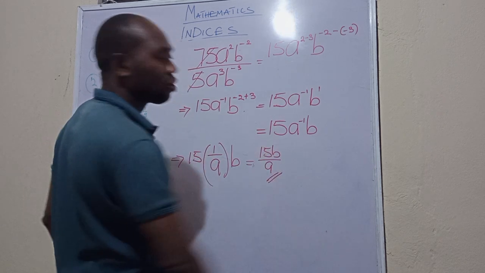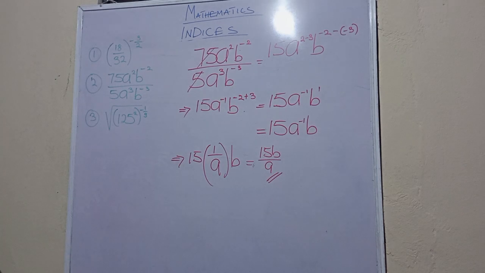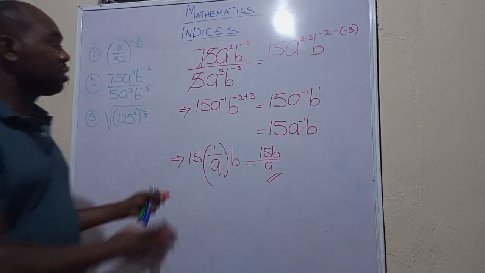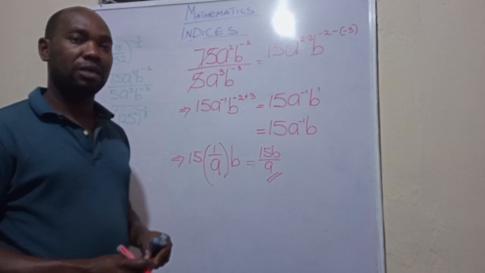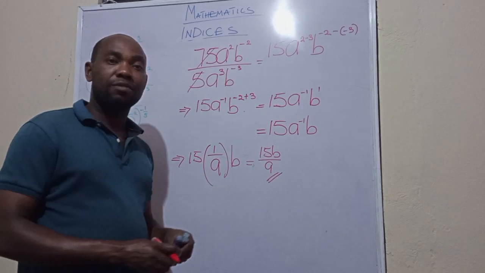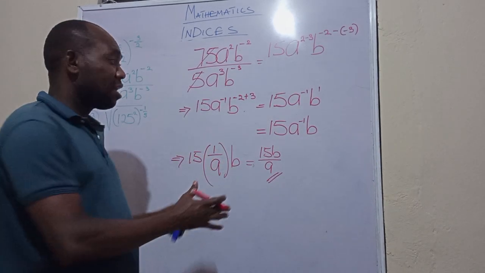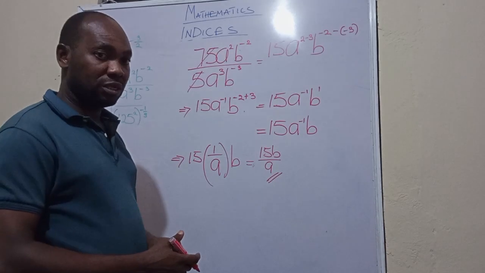This will be the correct answer. So this is very, very important for us to understand, and I believe by following the rule, I'm able to solve it to this extent.